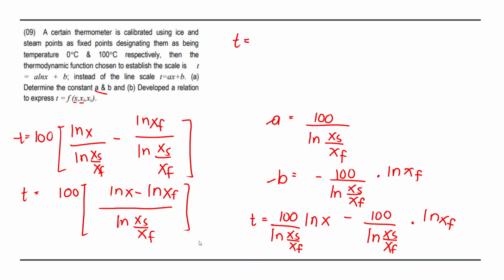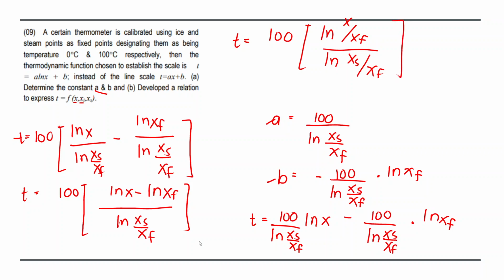T is equals to 100. Okay. Ito pwede nating isulat as ln x over xf, over ln xs over xf.